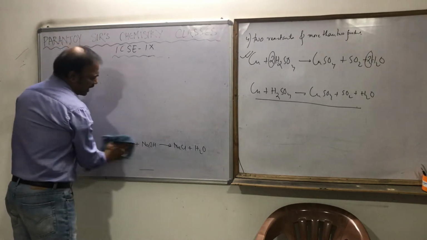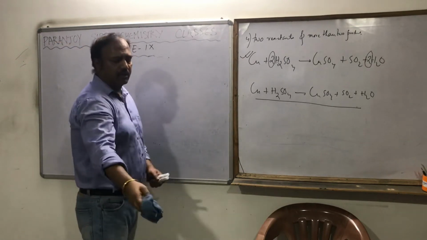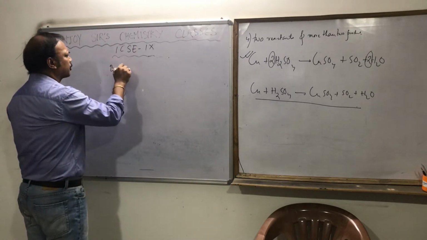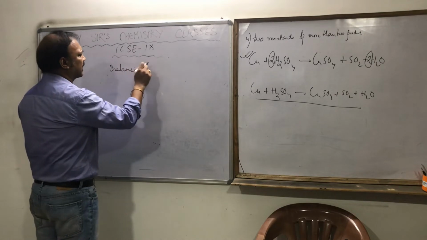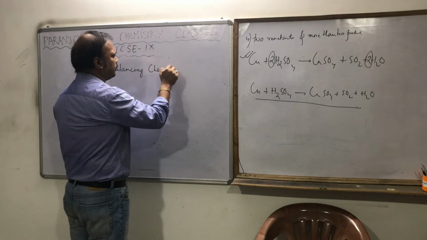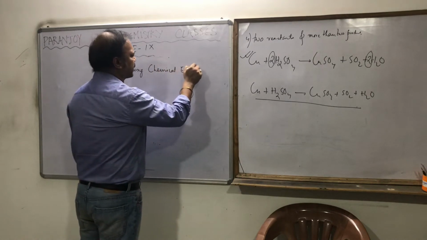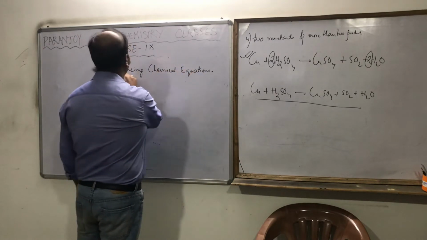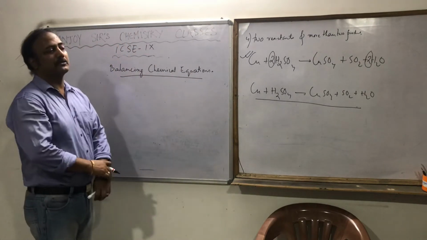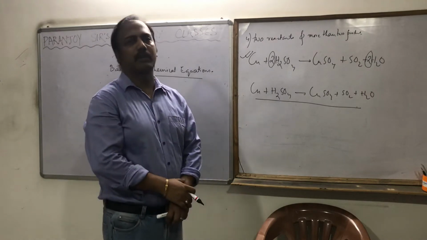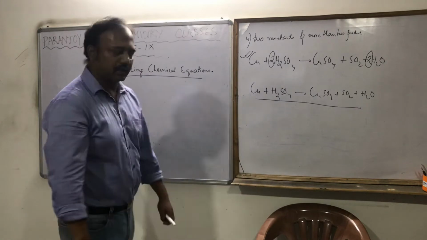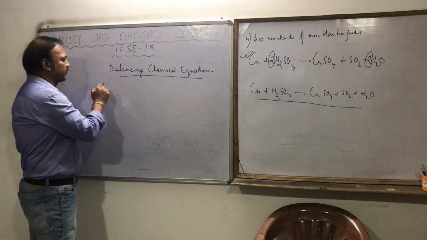The next one is balancing equations. Now there are so many ways of balancing chemical equations, but at your level, the toughest one, rather it's not the toughest one, you don't have to understand anything, it's just the time-consuming one, which is called the hit and trial method.